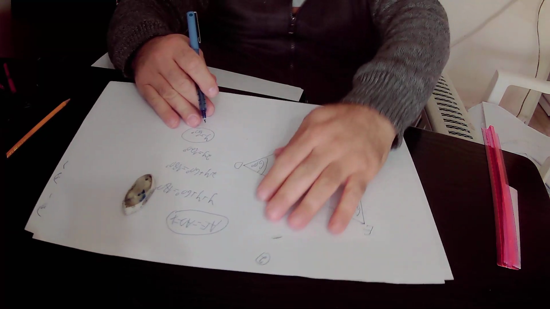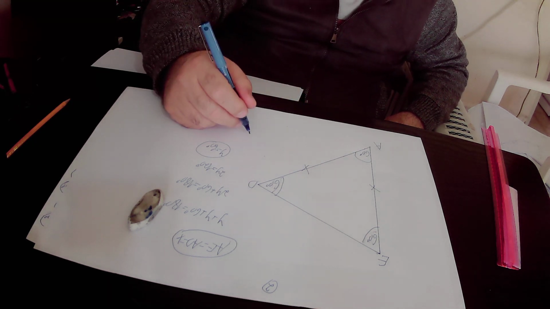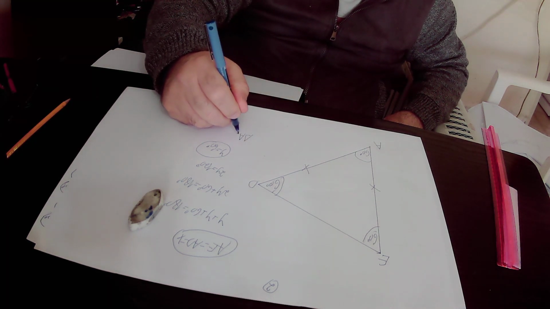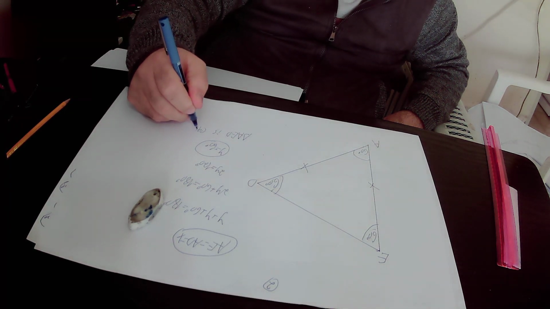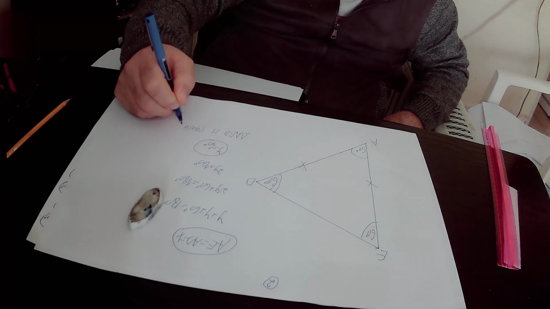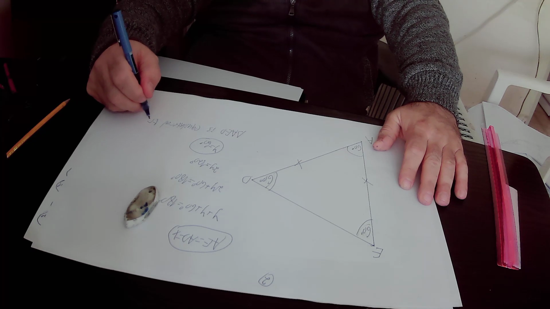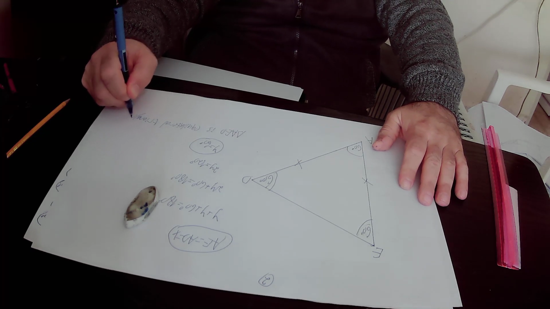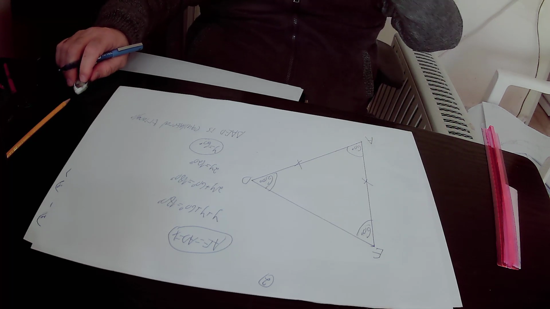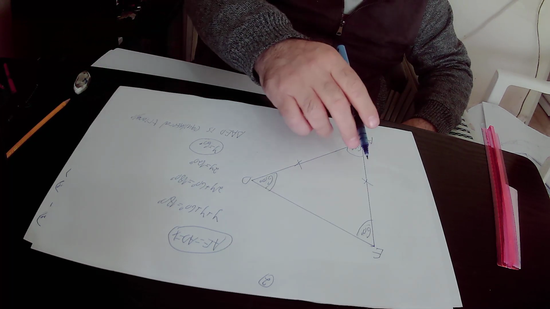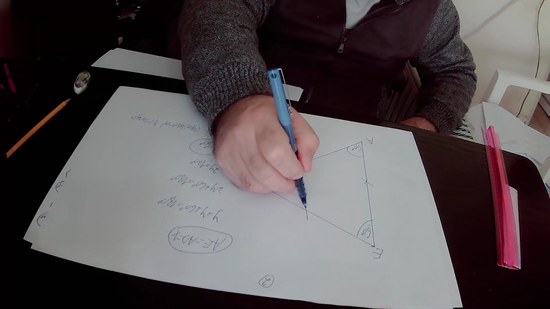So actually we found out that triangle AED is an equilateral triangle. And we know that in an equilateral triangle all the sides are equal to each other, so if AE and AD equal x, then ED must also equal x.